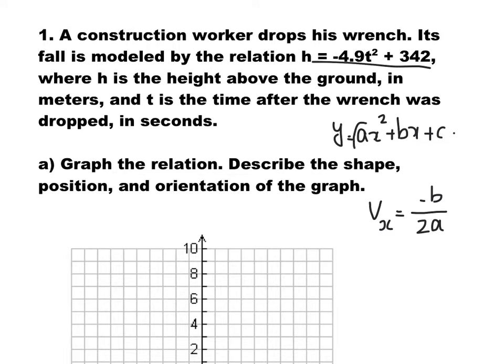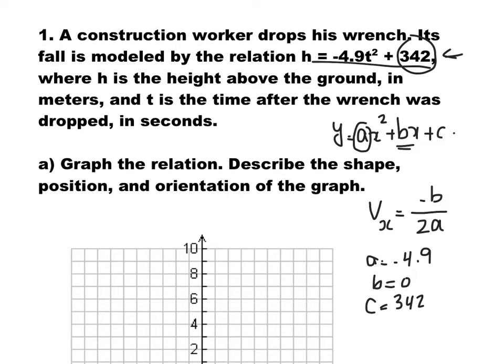A is the leading coefficient. In our case, a is negative 4.9, so I'm going to write it here. B is the coefficient of x, but there is no x in this equation, so b is 0. And c is the constant, which is 342.